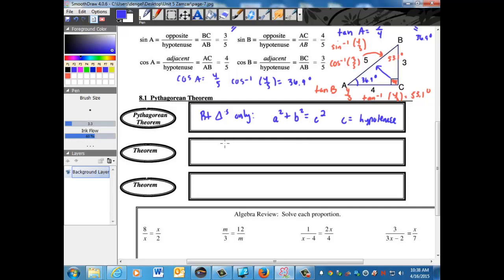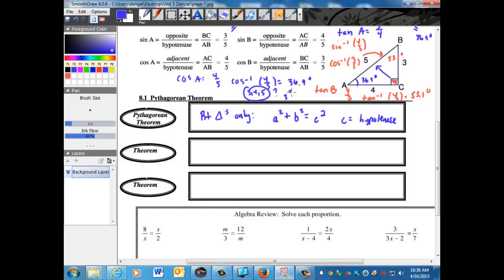All right, we also have a theorem that says that if we were shown 3 lengths of a triangle, let's say we were shown 3, 4, 5. Well, let's say that you were asked, will 3, 4, 5 form a right triangle? And the term for this is called a Pythagorean triple.